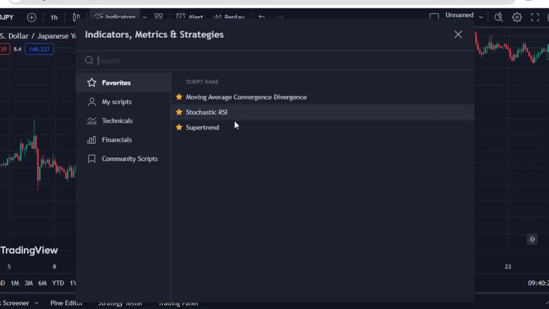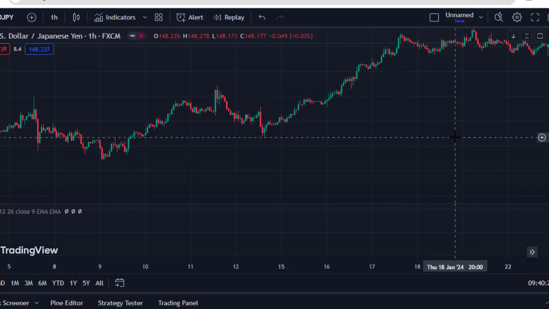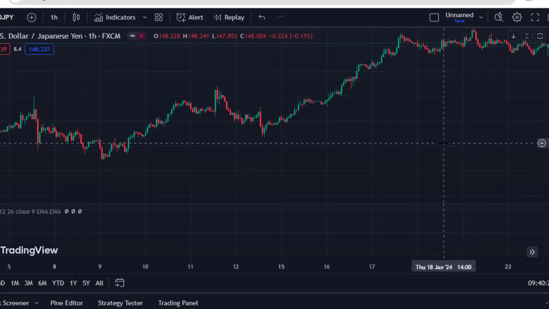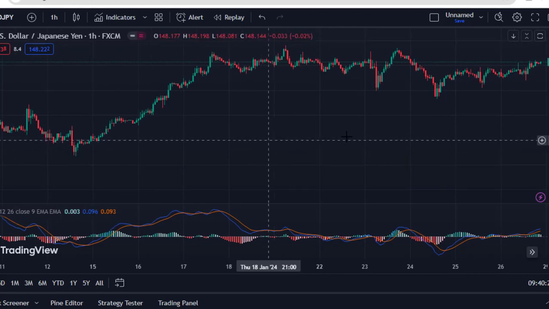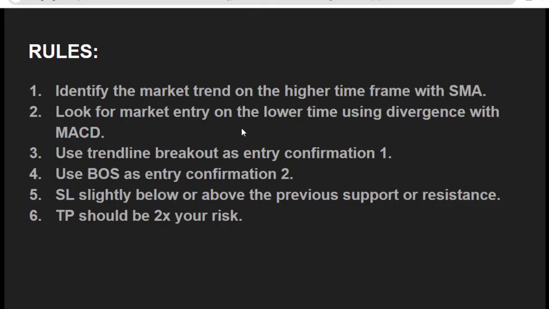So we want to put on the MACD indicator, and you see the MACD indicator is already on the chart right here. If you look at the strategy, we want to see where we see divergence on the MACD when the higher time frame is in a pullback formation.